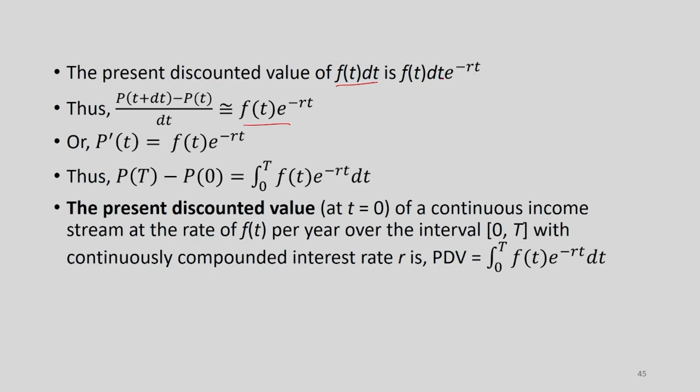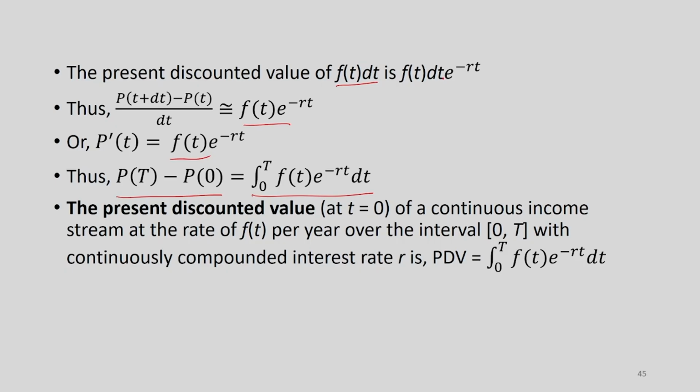Okay. And so, I can now talk about the total amount of money, the present value of that will be obtained in future. It is given by P(T) minus P(0), and this will be nothing but the definite integral from 0 to capital T of f(t) e to the power minus rt dt.